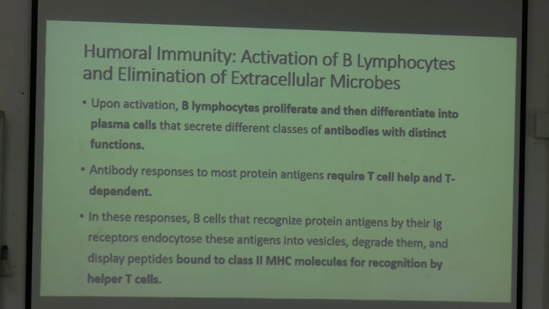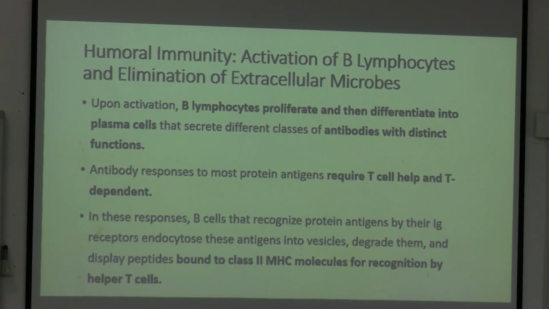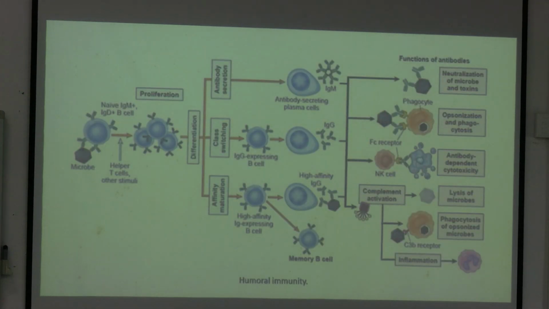So B lymphocytes produce plasma cells, and plasma cells produce antibody. The functions of antibody that kill the microbes include neutralization of microbes and toxins, opsonization and phagocytosis, antibody-dependent cytotoxicity, lysis of microbes, and phagocytosis of opsonized microbes.